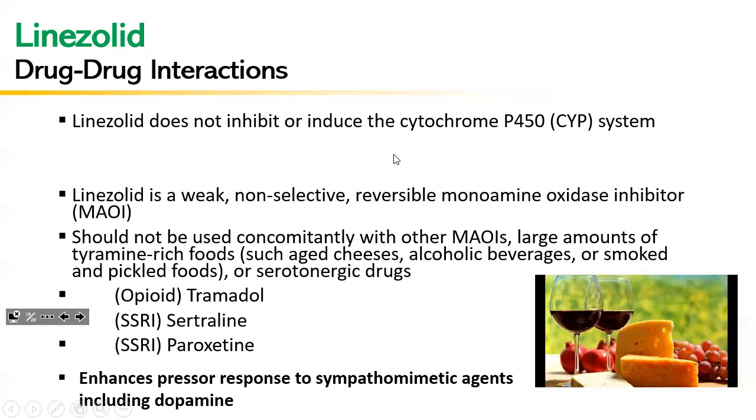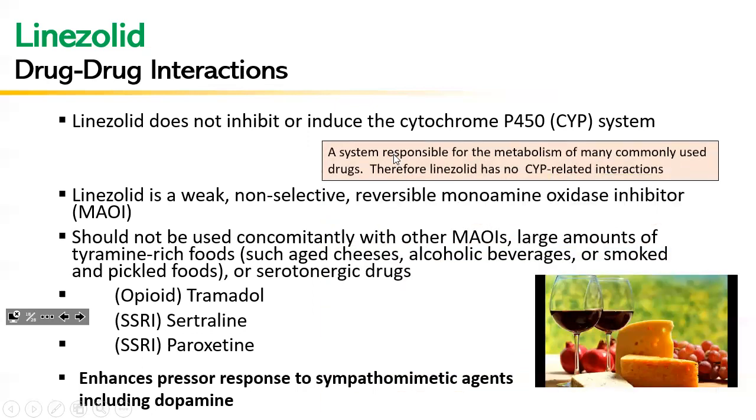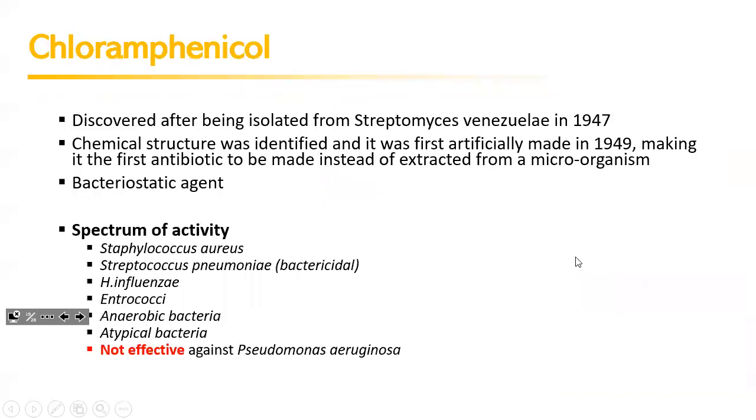So always, as clinicians, especially intensivists, we need to apply caution when starting linezolid. Just forget about the silicoline. No one is using silicoline. It's one of the old antipsychotic agents. Just forget about that. Now let's move to chloramphenicol.